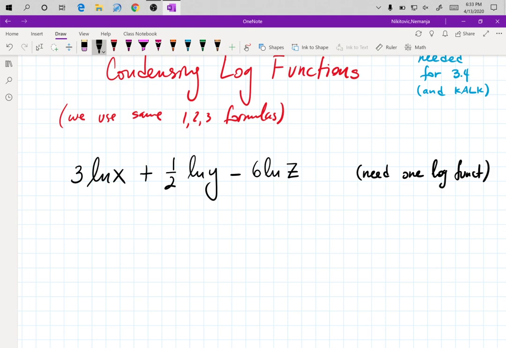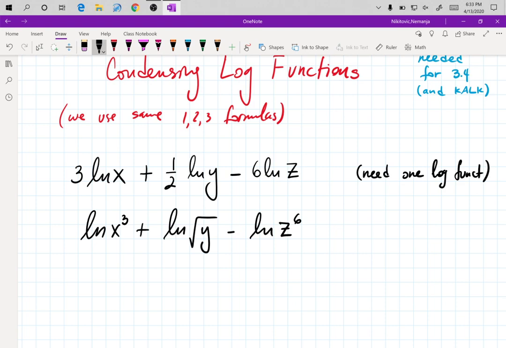So what do I do? So now it's a backwards procedure. So what used to be done last, which is kicking those powers out, that thing is going to be now done first, where you put all of these exponents inside. So it becomes ln x cubed plus ln square root of y minus ln of z to the 6.